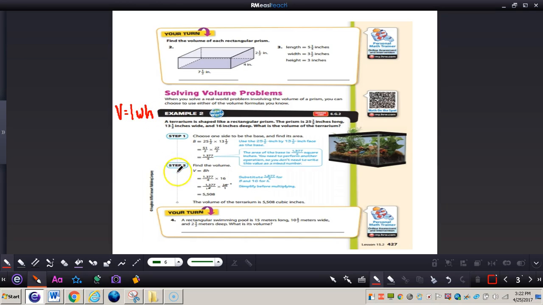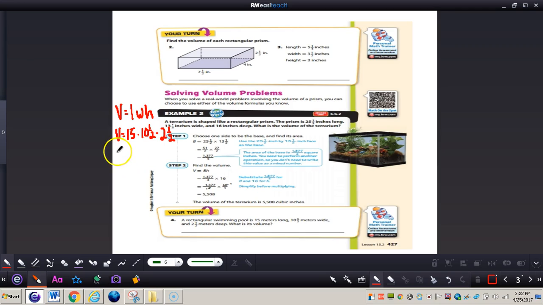Even though there's not necessarily a width and height stated, we can understand that we have 3 different measurements, and we're going to plug those numbers in. Volume equals 15 times 10.5. The deep can represent the height, so 2.5.